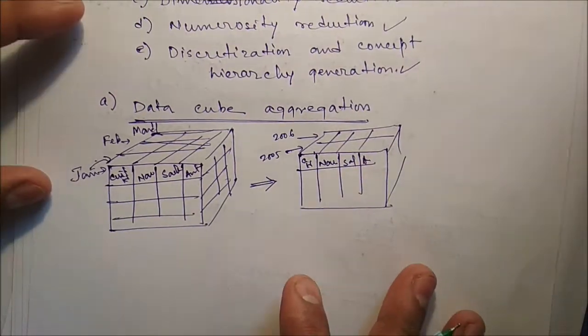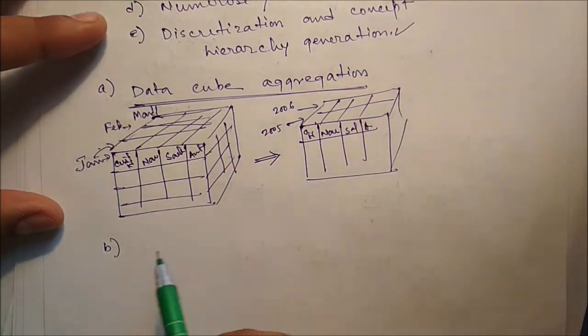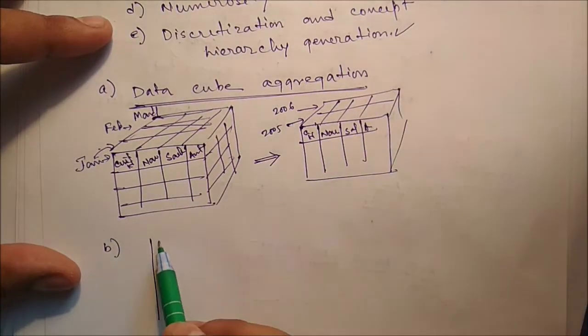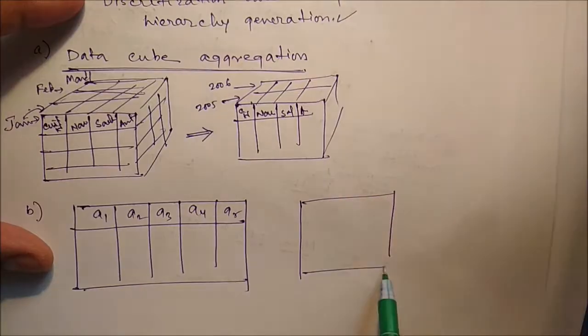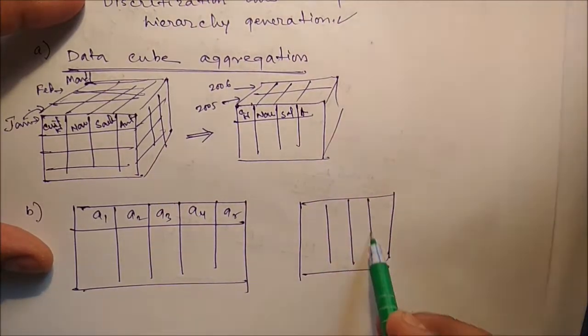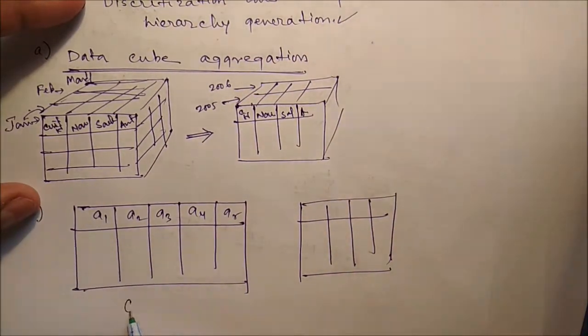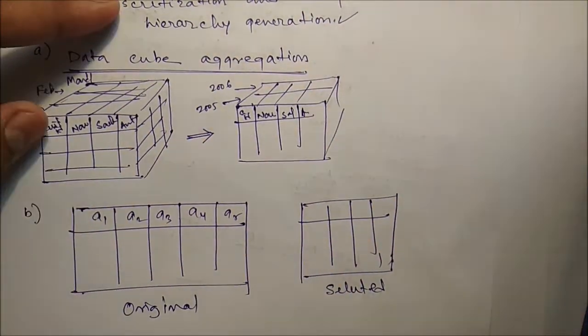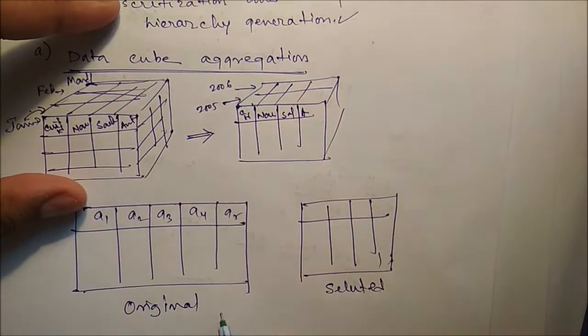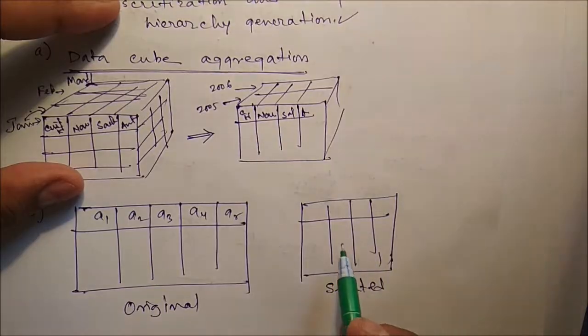Next is what? Attribute subset selection. Attribute subset selection means what? Suppose a database is there. This is our original database, and this is the selected database. Here in total, attributes A1 to A5 are there.